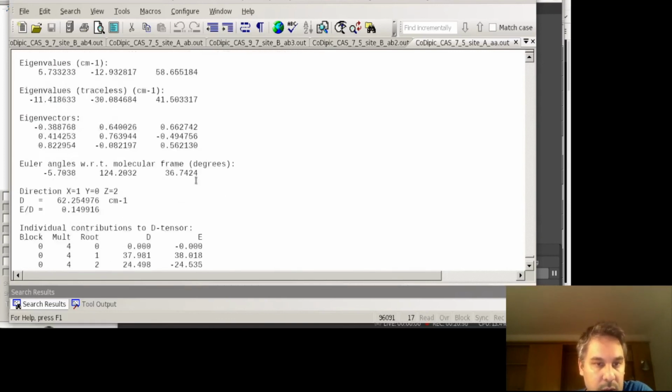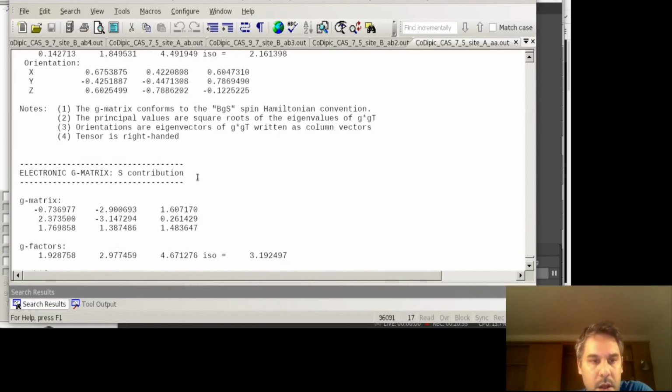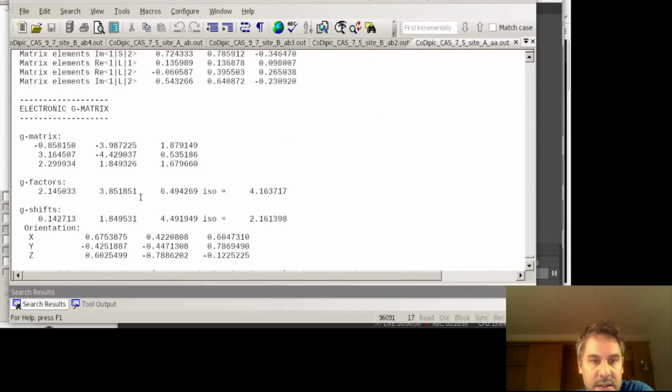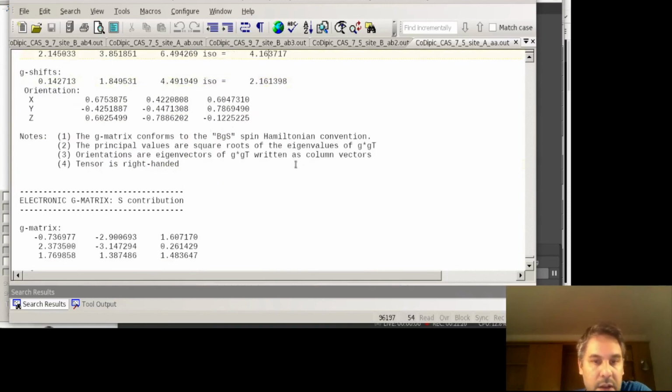These are, I think, all the NEVPT2 results. So this is the electron G matrix, the G matrix associated with the ground state's Kramers doublet. I get values which are very anisotropic: 6.49, 3.85, 2.14. Again, I don't know if these values are exactly correct, but these are reasonable values for this system.